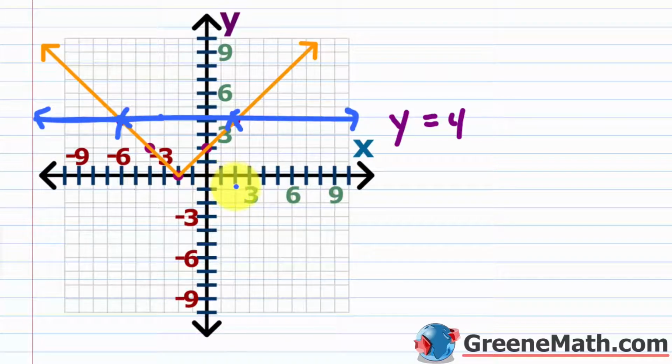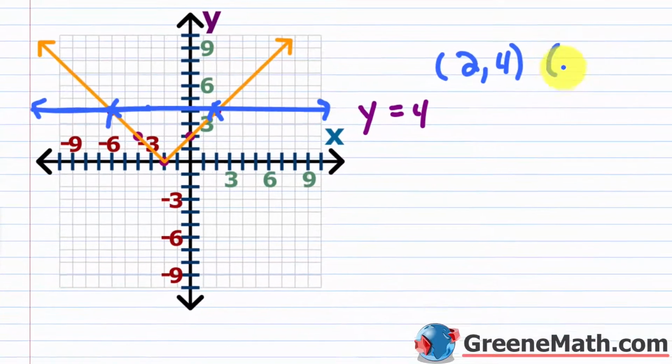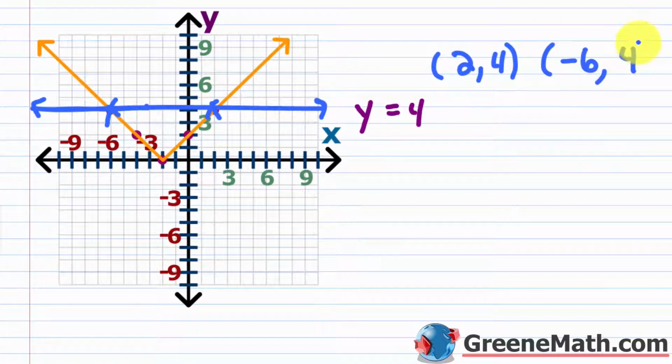So that's an x value of 2 and a y value of 4. So 2 comma 4 works. And then also an x value of negative 6 and a y value of 4. So this y value of 4 is associated with two different x values, 2 and negative 6. So of course, this is not a 1 to 1 function.